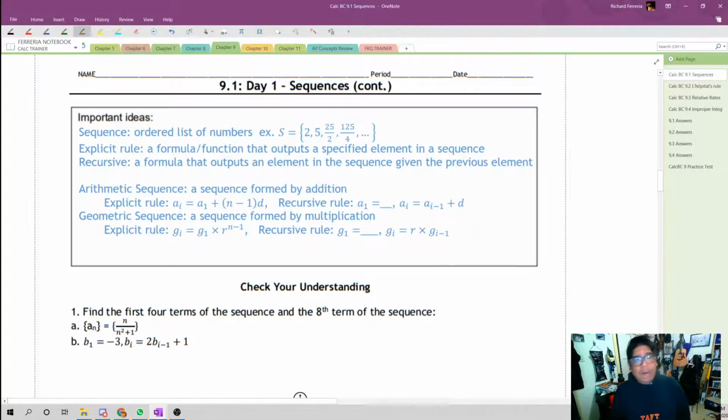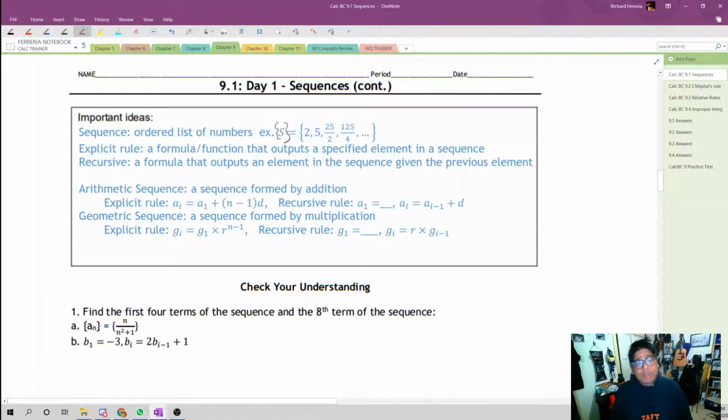Here are our important ideas. A sequence is just an ordered list of numbers, such as S is {2, 5, 25/4, 125/4, etc.}. Sometimes we write that without the braces, but it's probably better with braces around it. The explicit rule is a formula or function that will output a specific element in the set.